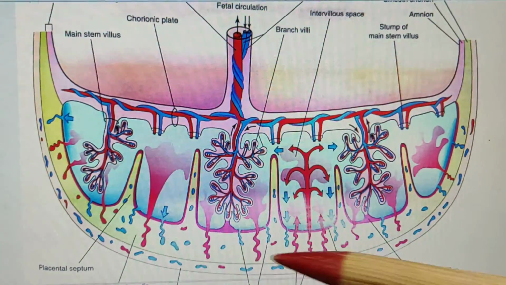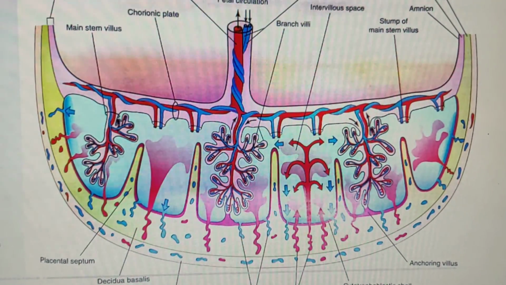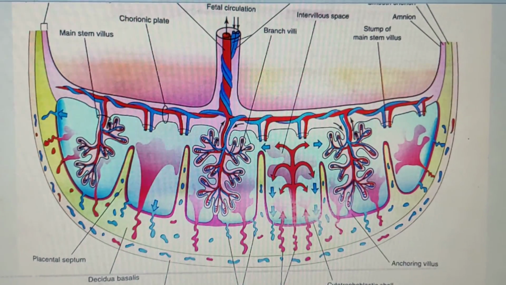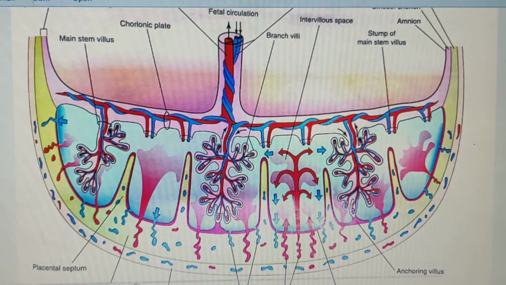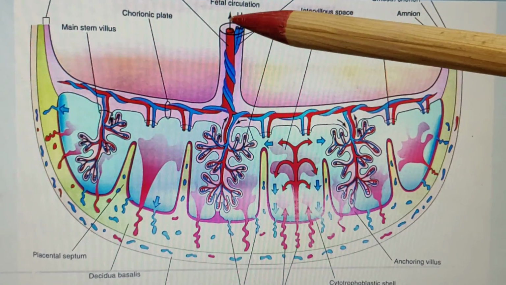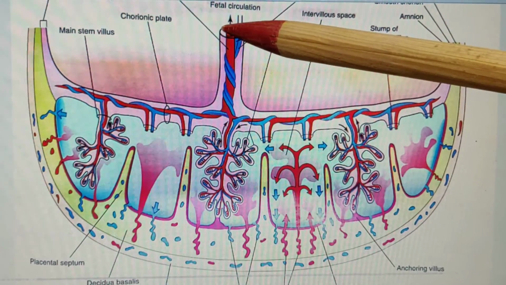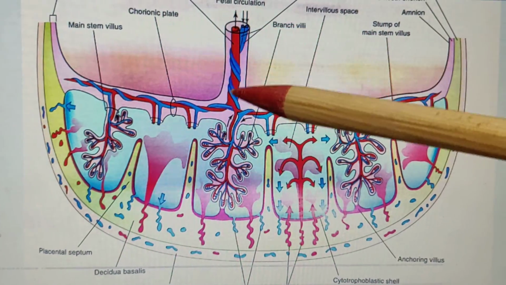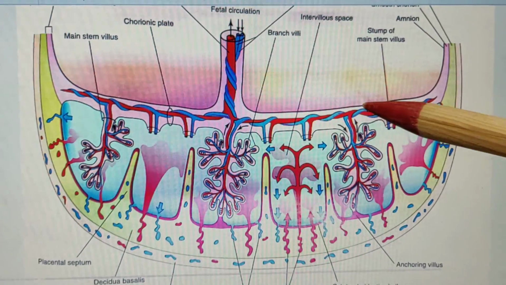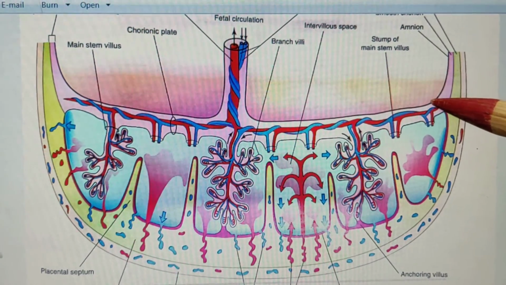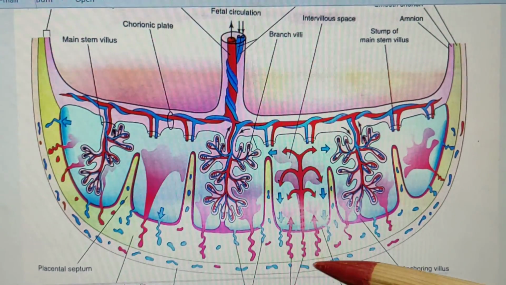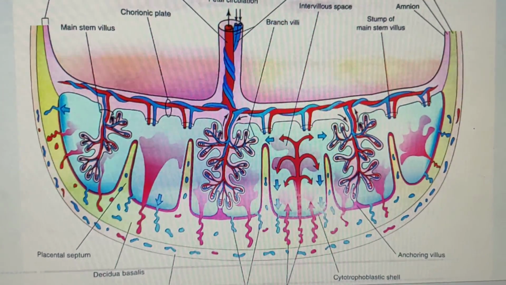Now this is the section of the placenta, the full term placenta. It is disc shaped. Now it has two plates. First identify this structure. This is the umbilical cord. This umbilical cord is attached to this surface, this plate, which is the fetal plate, while the opposite side, this convex region, is the maternal plate.